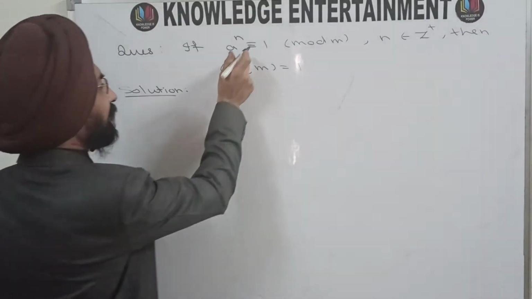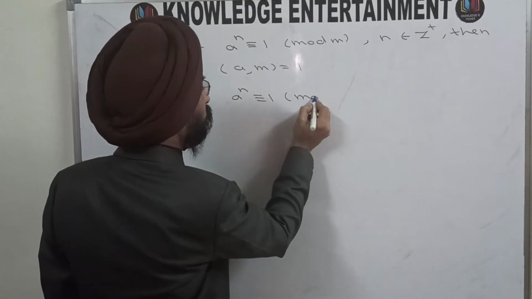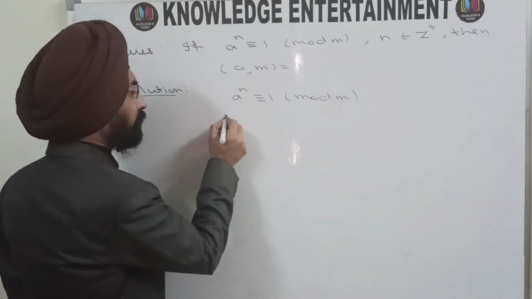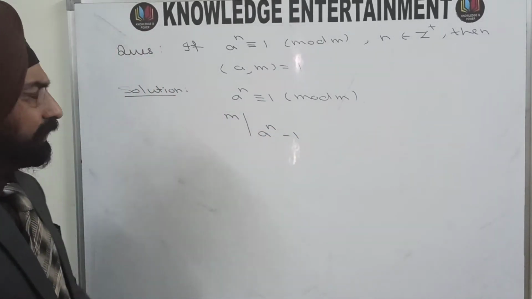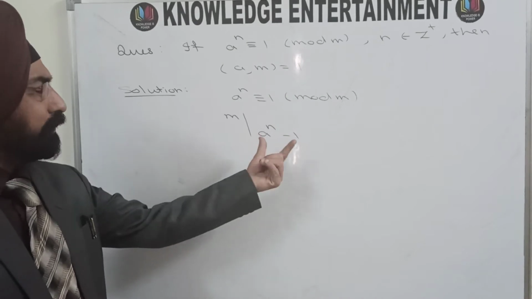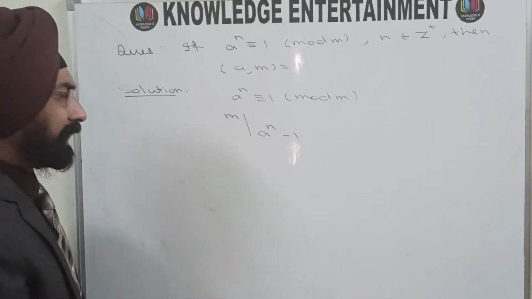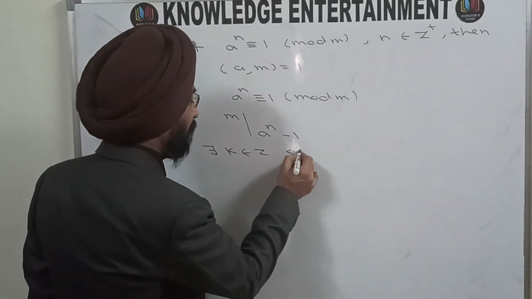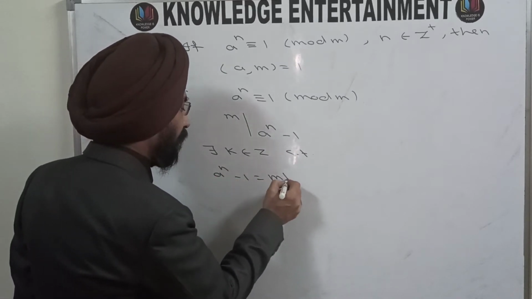We are given that a power n is congruent to 1 modulo m, and that means m divides a power n minus 1. If m divides a power n minus 1, that means a power n minus 1 is a multiple of m, so there must exist some integer k such that a power n minus 1 is equal to mk.